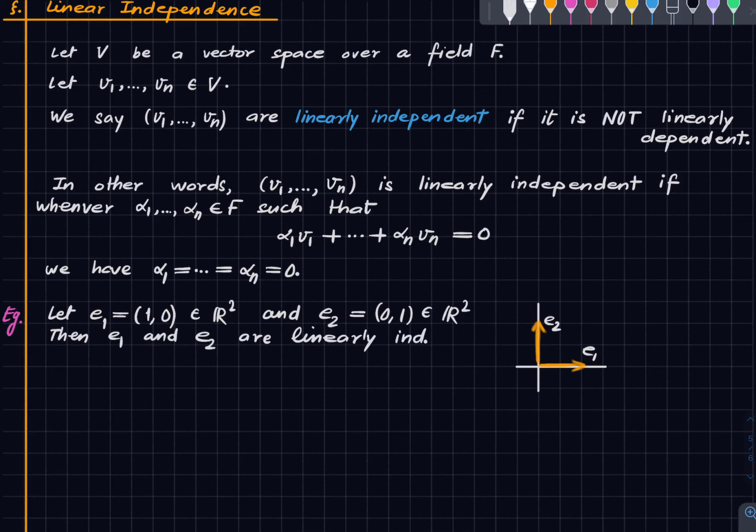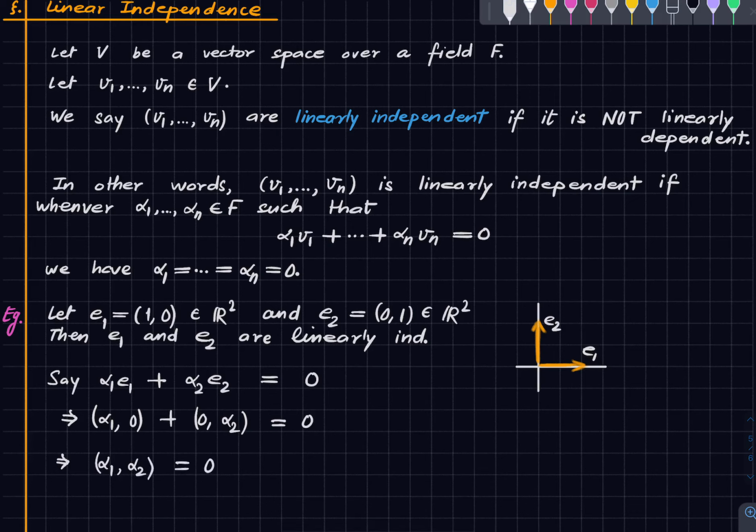How do you show this? To show this, suppose there is a linear combination that vanishes. So say alpha 1 e1 plus alpha 2 e2 is 0. Which means alpha 1 (1, 0) plus (0, alpha 2) is 0. Which by definition of addition in R2 is the same as saying (alpha 1, alpha 2) is 0.